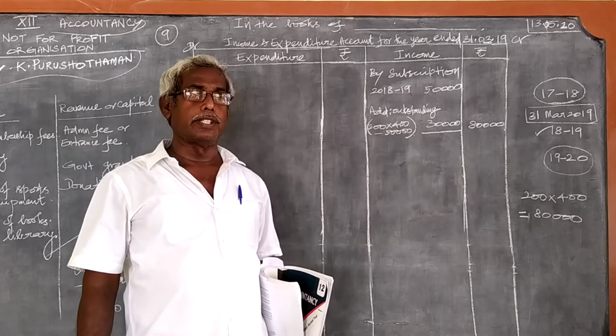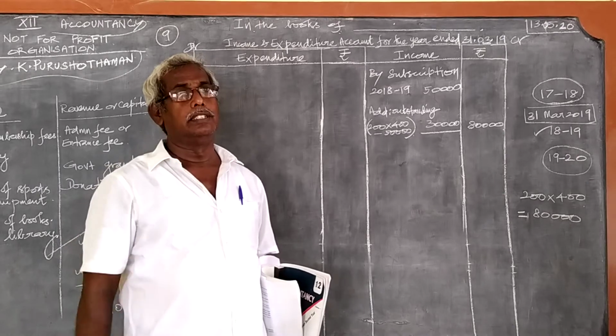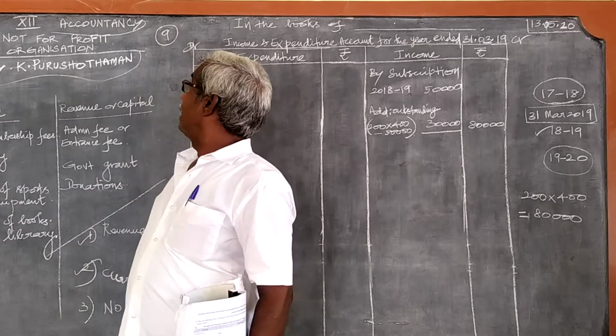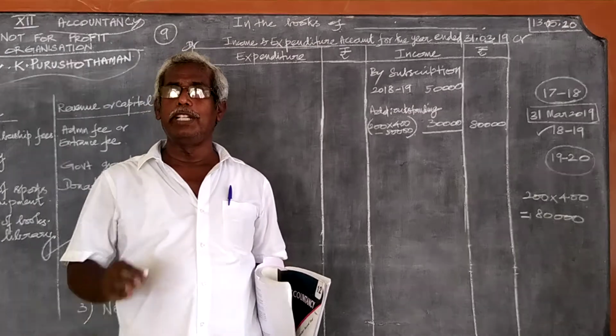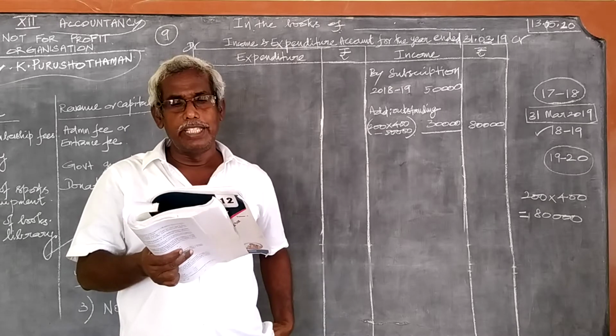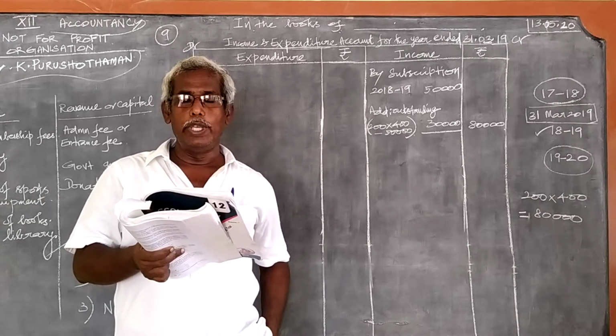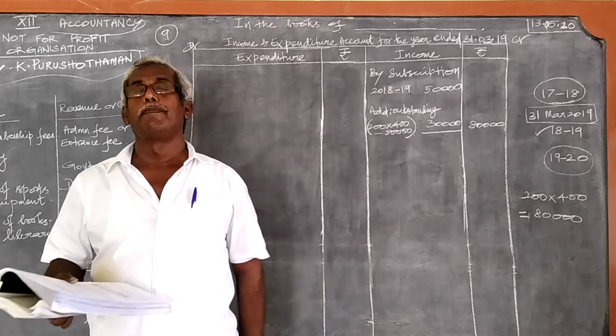And with this, the answer is not over like that of question number 8. In question number 8, only the income and expenditure account is asked. But what is asked here? How the following items will appear in the final accounts of the club.